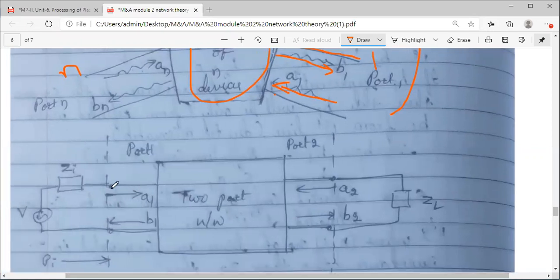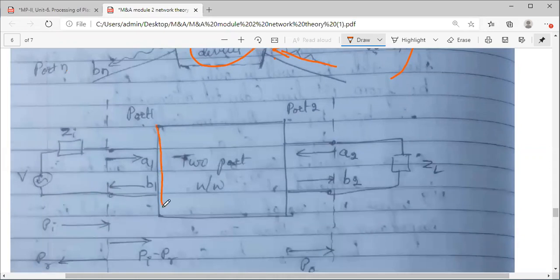First look at the structure. This is your 2-port network. You'll be having 2 planes. This is your first reference plane. For port 1, you are applying the voltage here. It has a certain impedance, input impedance Zi. Incident wave is A1, reflected wave is B1.